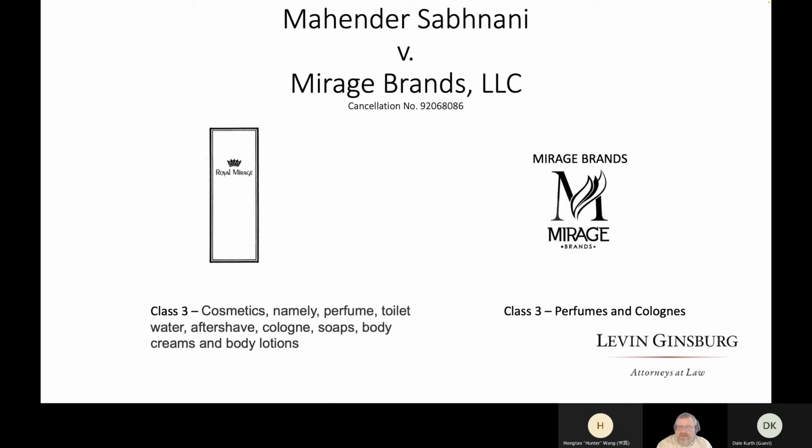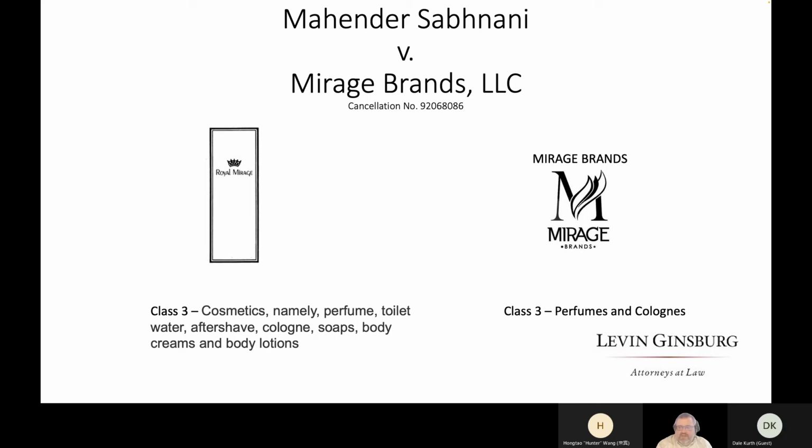And when you look at it, you look at the factors here. There's differences certainly between the commercial impression. The registration on the left encompasses this rectangle, which I think is supposed to be evocative of the packaging, and so there's the words Royal Mirage, and then sort of an image of a crown that's all together.